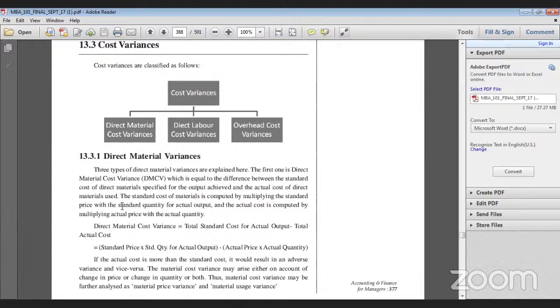The direct material cost variance is the total standard cost of the actual output less the total actual cost. So the standard price into the standard quantity for actual output less actual price into actual quantity.